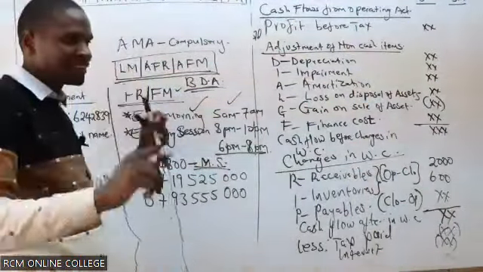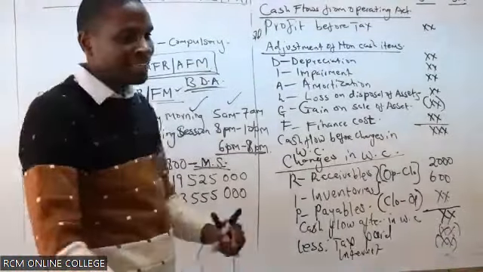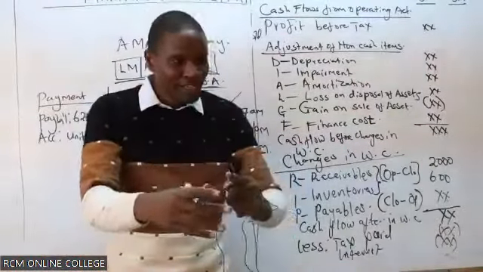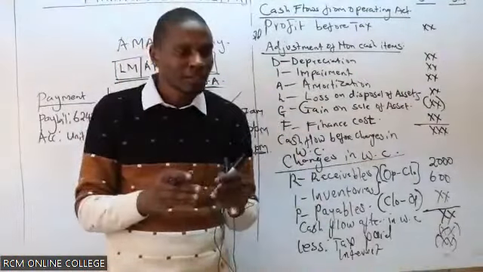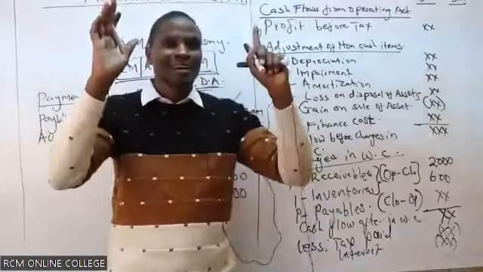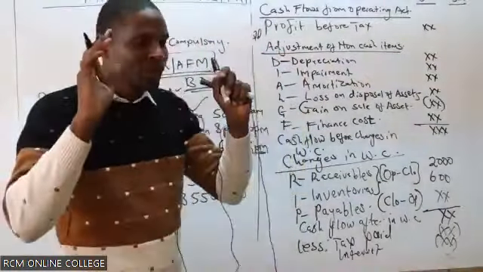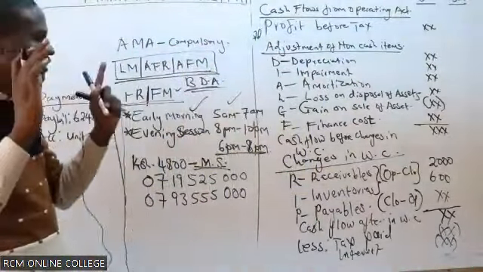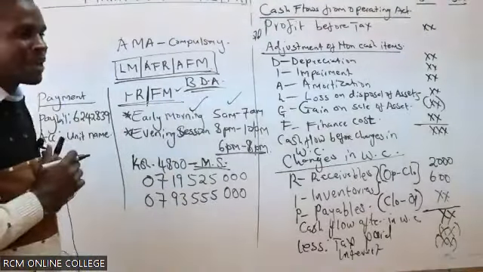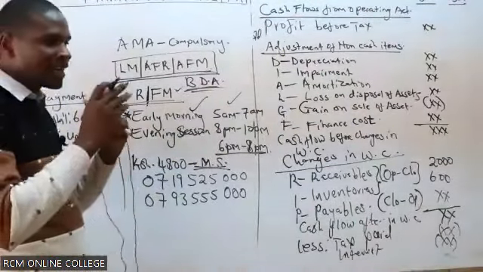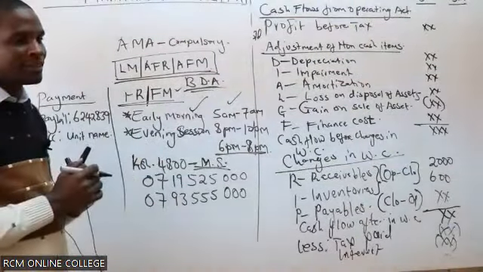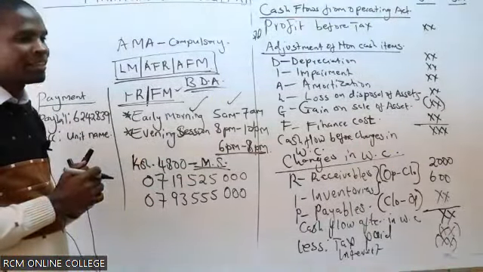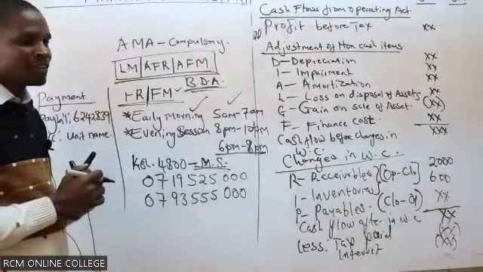Are we together? Sasa hata nyinyi wenye tuko intermediate level, jueni kwamba AMA imekuwa sasa compulsory. Are we together? Those are good news. Are you getting the good news now? AMA. Ukienda advanced level from intermediate, unaipata pale. And it is a good thing, is it not?